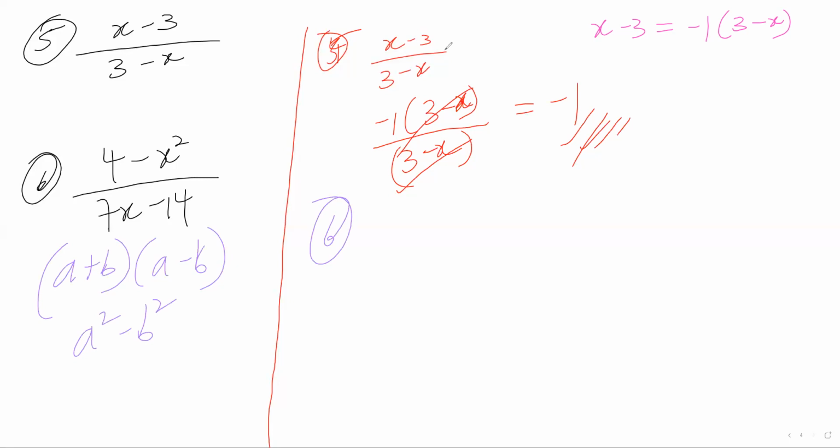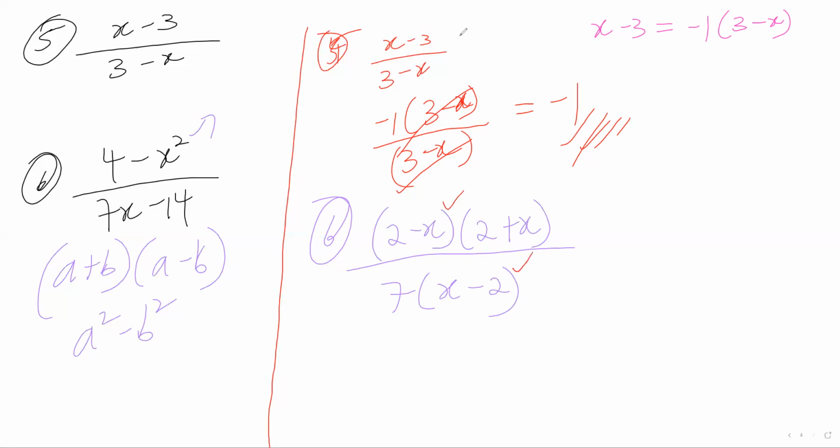Okay, so applying this approach, we know that we can rewrite the numerator as 2 minus x into brackets 2 plus x. And when we take the denominator, the common factor is 7. So 7 out, x here minus 2. Okay, now look at this.